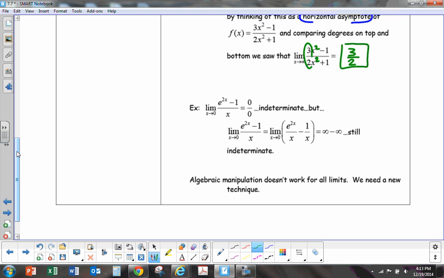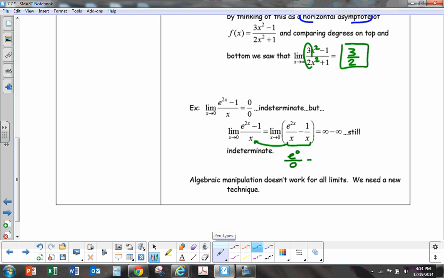And if we try some algebra, it's just rewriting. If you take a look at this expression and notice it has a common denominator and put it back together going to the left, you get what you started with. But it doesn't really help me in that case because e to the infinity is still infinity. Let me rewrite that. e to the 0 is what you would have over 0.